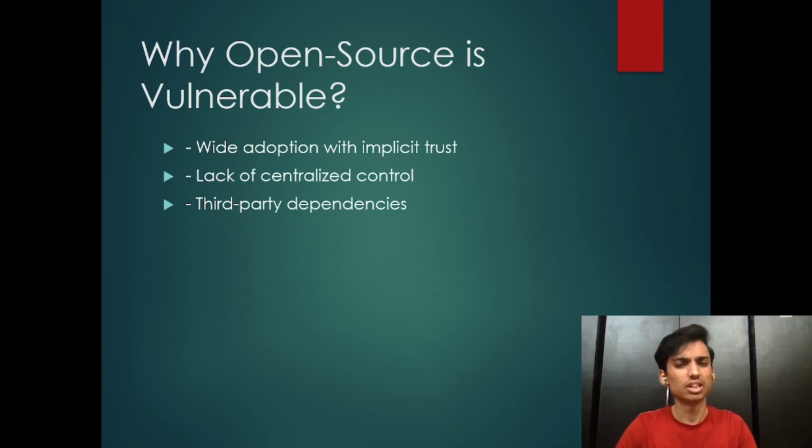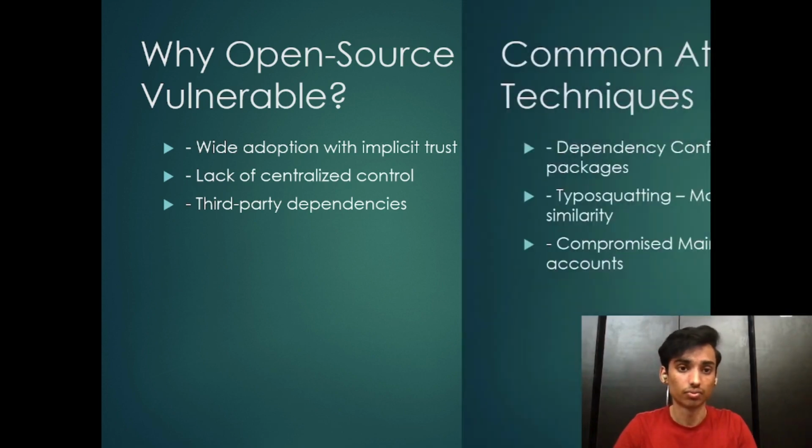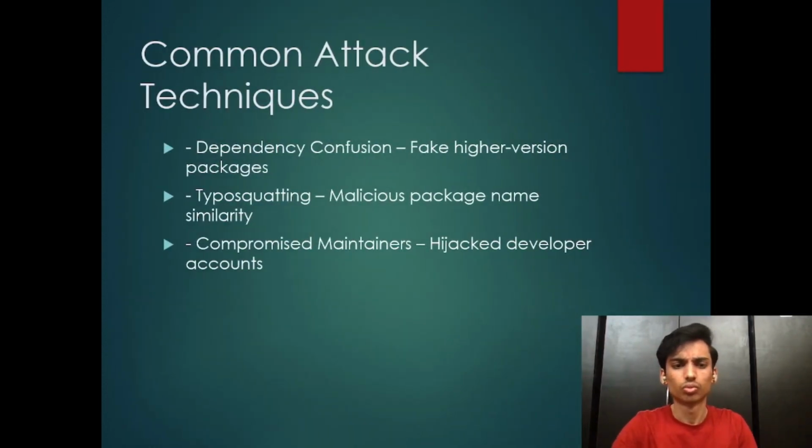Moving further, let's check out the common attack techniques utilized in these open source supply chain attacks. Mainly there are three techniques involved. First, dependency confusion. Attackers upload a malicious package with the same name as a private dependency, but with a higher version number, tricking the software into downloading it. Second, typosquatting.